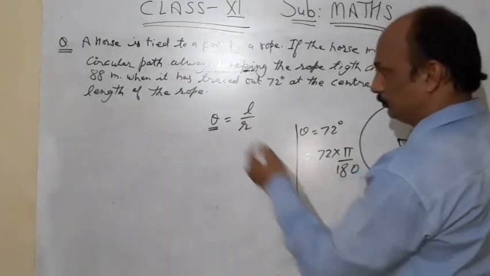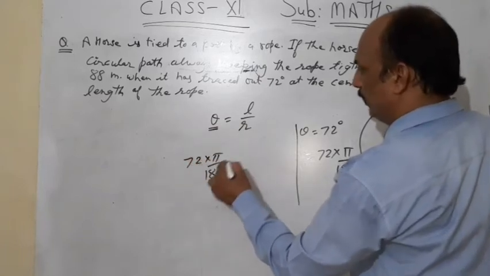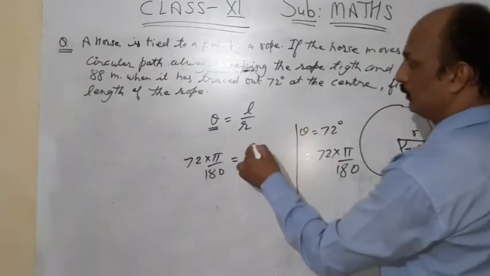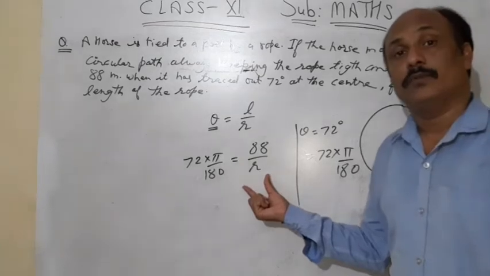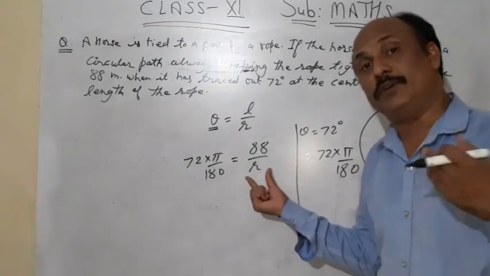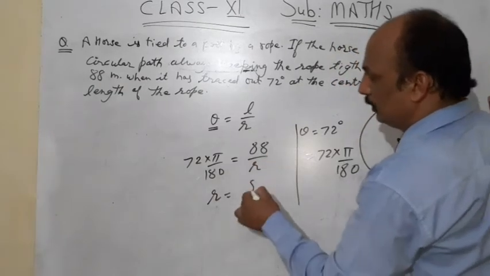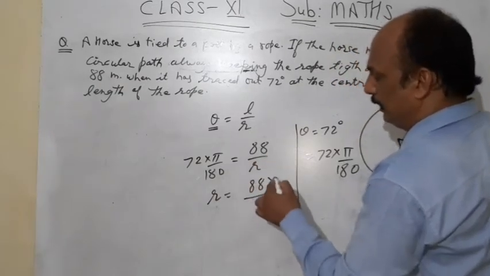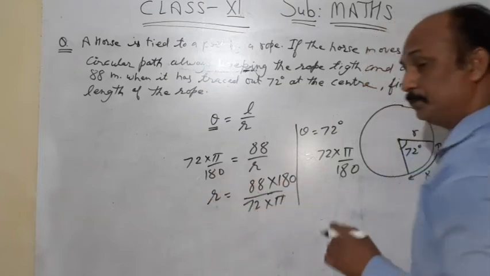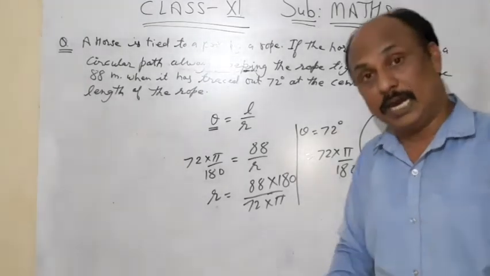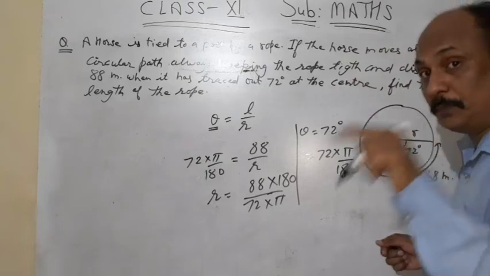72 into pi upon 180 is equal to 88 upon r, and we want to calculate the value of r. So r is equal to 88 into 180 upon 72 into pi. Now we know that the value of pi is 22 upon 7.